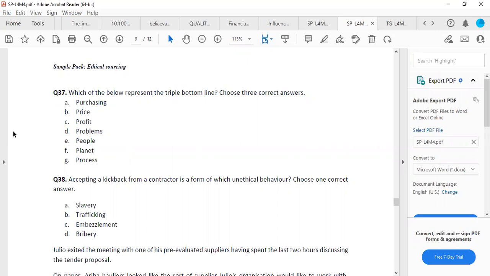Which of the below represents the triple bottom line? Choose 3 correct answers.